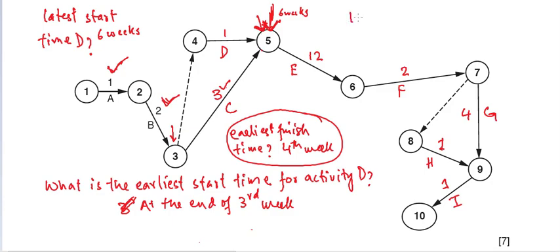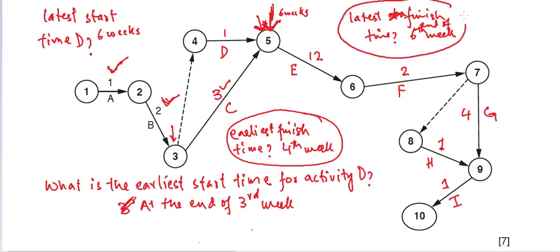And which means what can be the latest start time? Oh, sorry, this was the latest finish time. So when we said at the end of the 6th week, by the end of the 6th week, activity D should have finished.